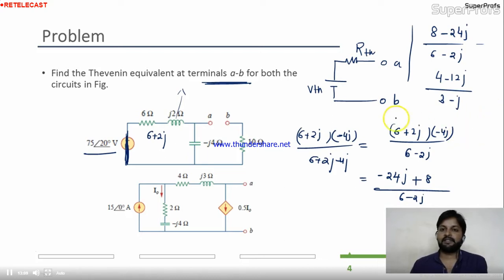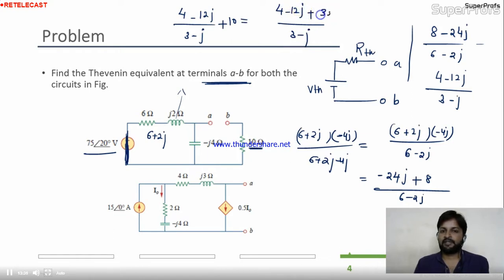Is it okay? This is nothing but the equivalent of this circuit. In this you have to add 10 because they are connected in series combination. So your new equivalent resistance is (4 minus 12j) over (3 minus j) plus 10, finally (4 minus 12j plus 30 minus 10j) over (3 minus j). 4 plus 30 is 34, and this is minus 22j divided by 3 minus j.